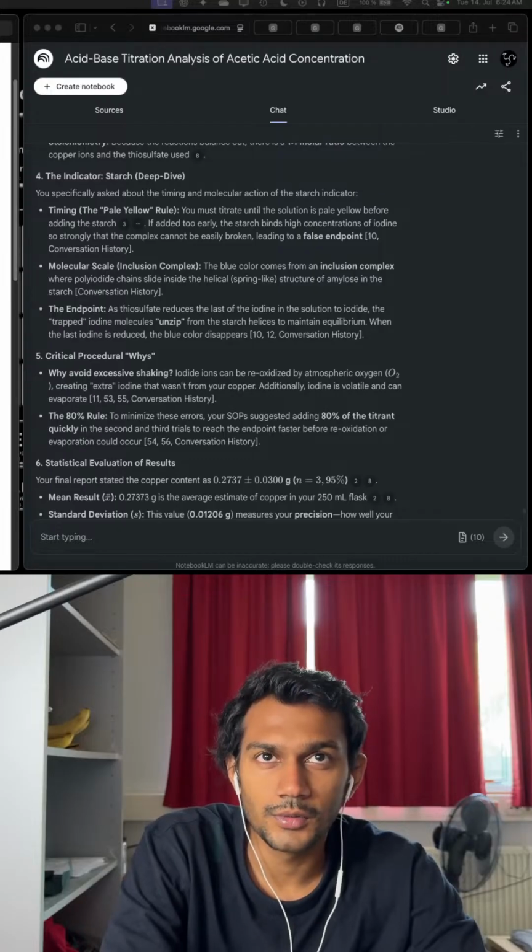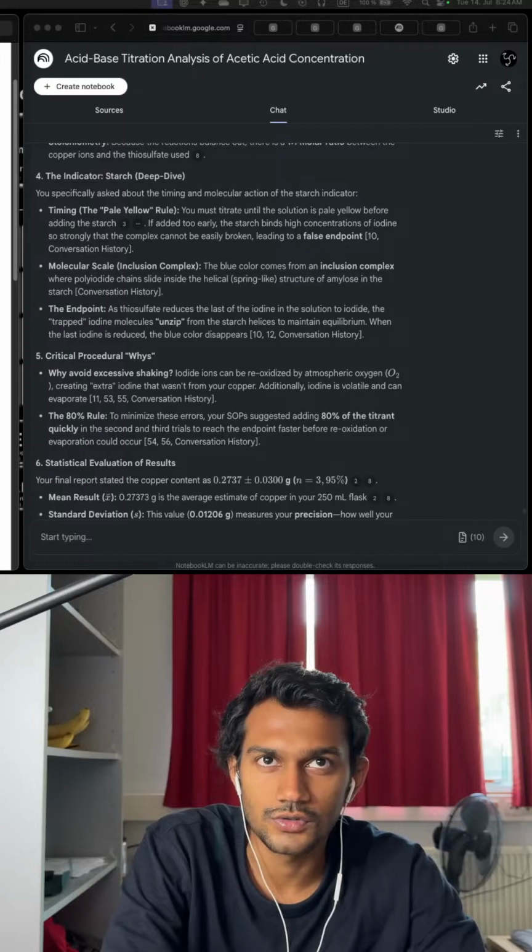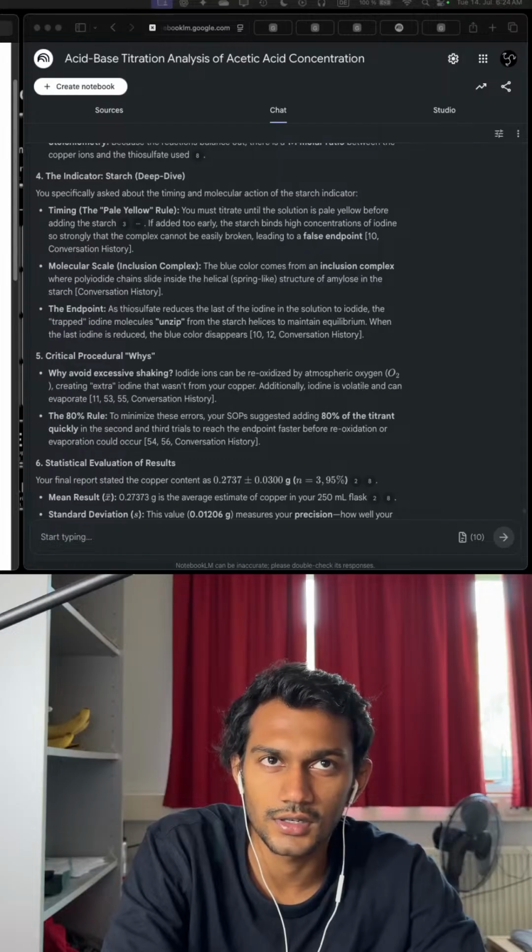For your final review before the oral exam, here's a breakdown of the determination of iron content using UV spectroscopy. This experiment is unique because it uses light absorption rather than chemical titrants to quantify the analyte.